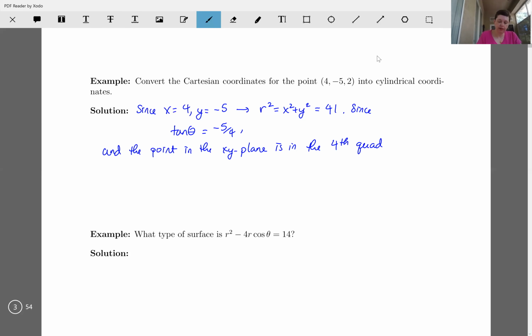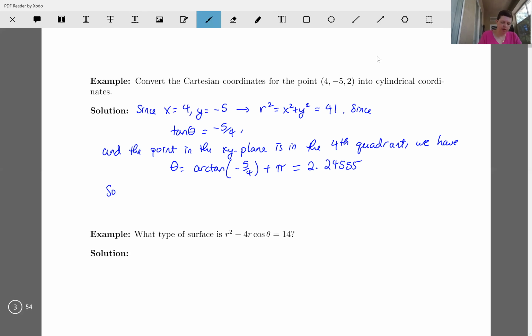well, that tells us that theta is going to be the arctangent of -5/4 plus pi, which is approximately, according to my calculator, 2.2455.